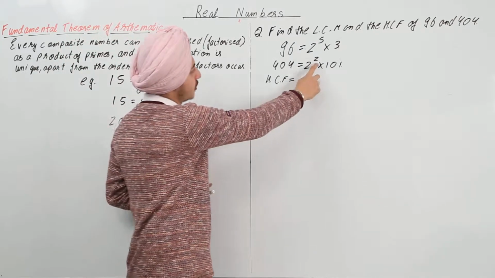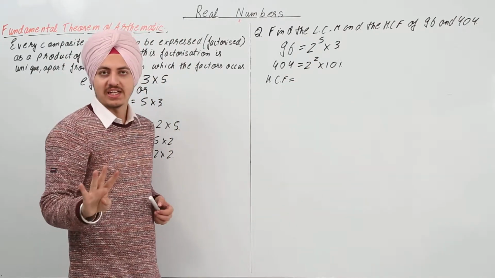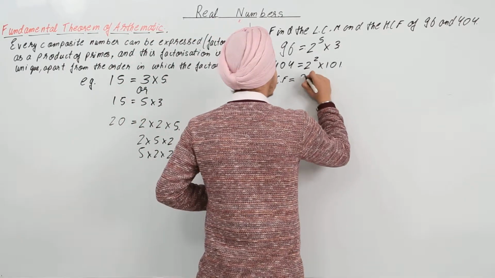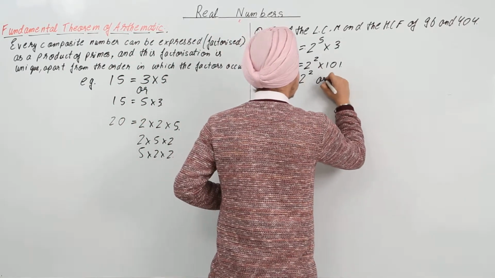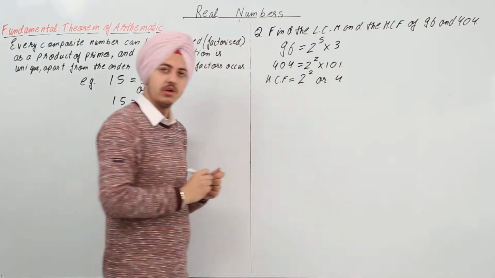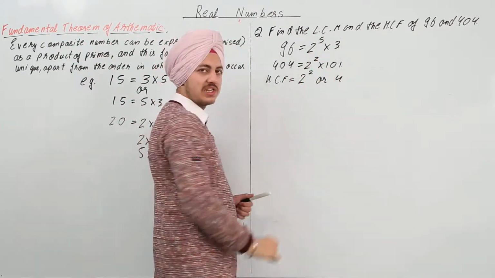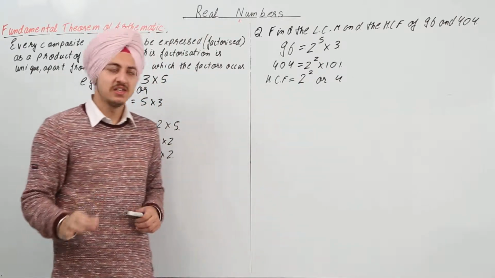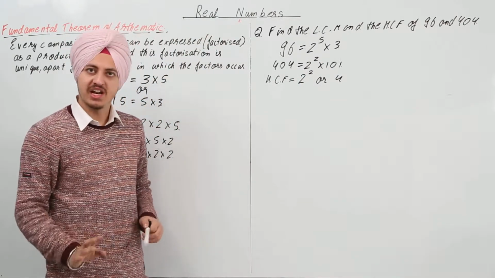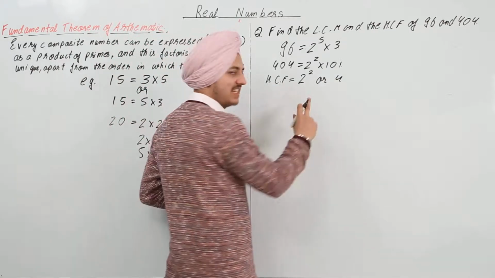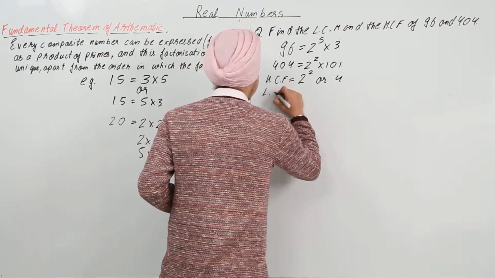It is 2 raised to power 2, right? Or I can say 4. So the HCF is 2 raised to power 2 or 4. Did you understand this? 2 raised to power 5 is here and 2 raised to power 2 is here. So the common part is the HCF. And how do we find the LCM?